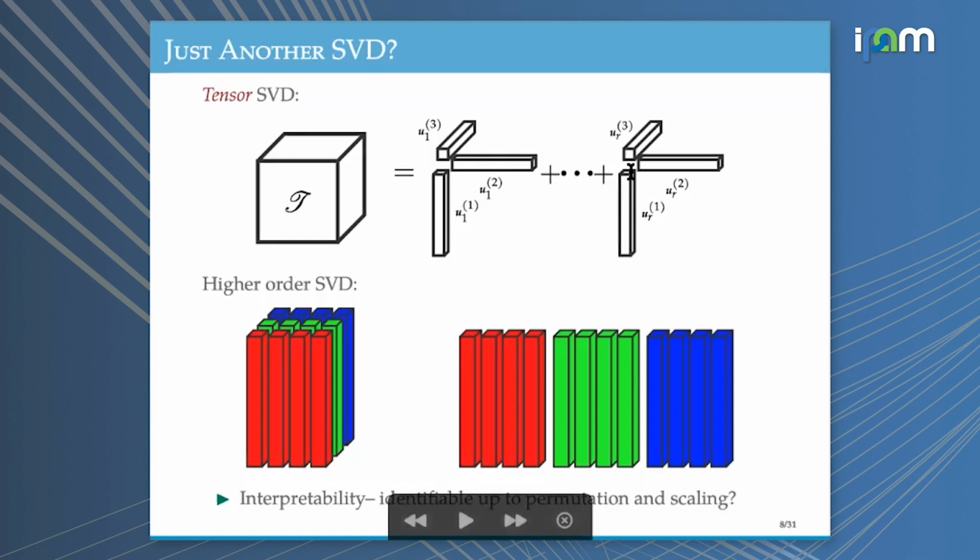Any other questions? Yeah, is there an emphasis on the type of SVD, the type of decomposition that you're using? I do understand that there is the CP decomposition, and you also have the Tucker. Yes.